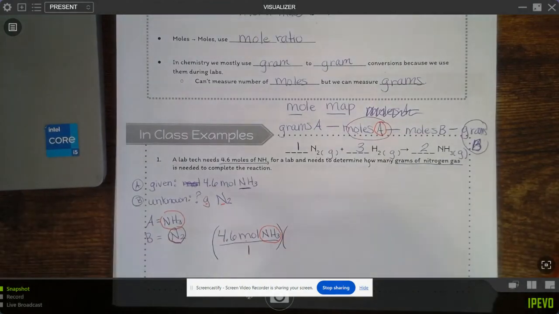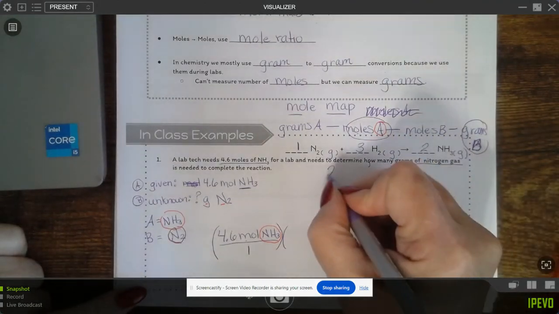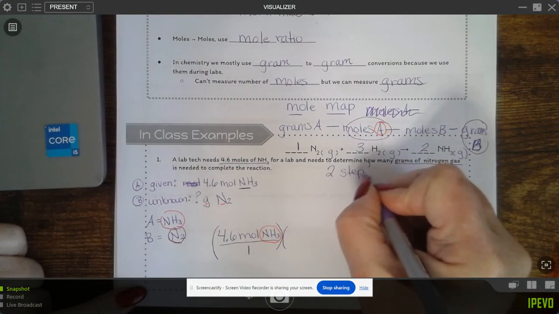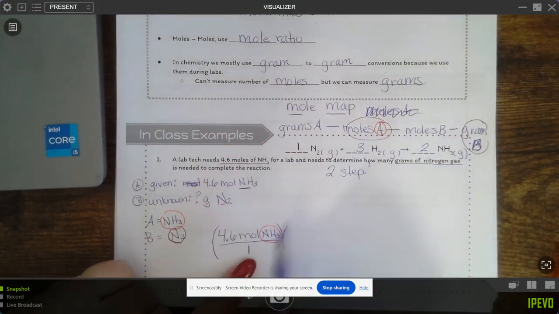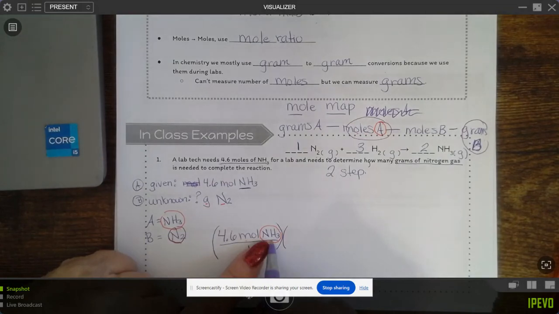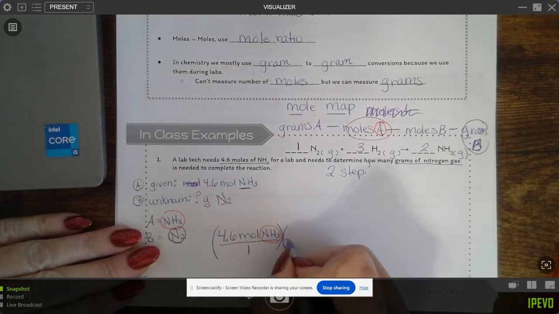Now, the way to determine how many steps this is: each dash is a step. So this is going to be a 2-step problem. The first step is to go from moles of NH3, so moles of A, to moles of B. So it's a mole conversion, just like we've done the last day or so.